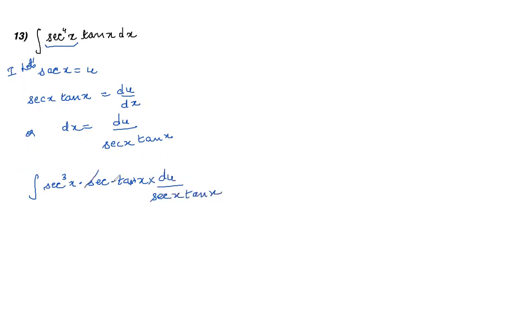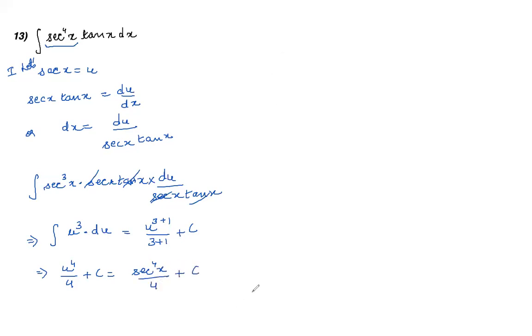So this sec x and this tan x will get deducted. Finally, I can put sec cube x as u cube into du. When I integrate this function, I'll get u raised to power 3 plus 1 upon 3 plus 1 plus c, that is equal to u raised to power 4 upon 4 plus c. I can put the value of u again, that is sec 4x upon 4 plus c. So this is the first method of doing this question.